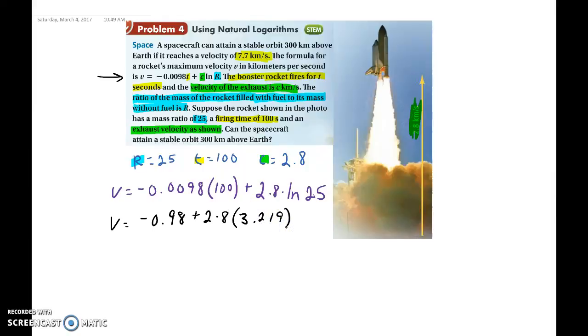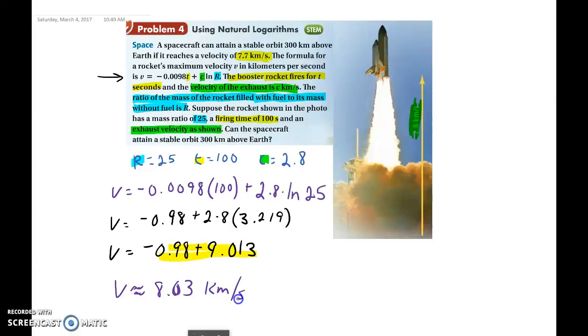So then we'll multiply that by 2.8, and that's going to approximately be equal to, so we'll have v is equal to negative 0.98 plus 9.013. And then we will combine our numbers, and we will get that our velocity is equal to approximately 8.03.